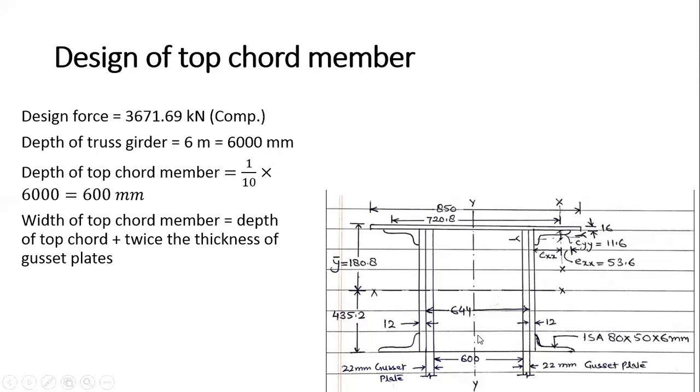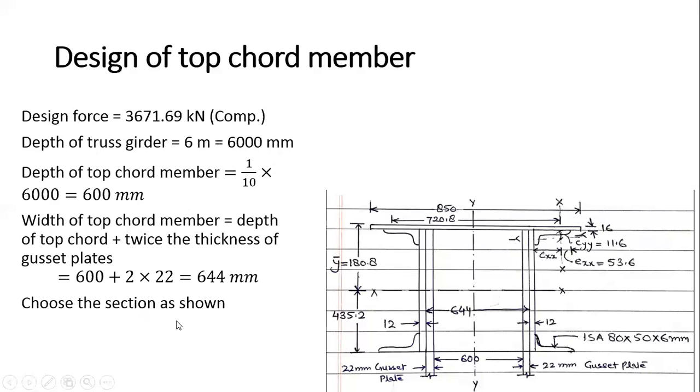This distance from here to here is 600 millimeter. 600 plus 22 here, 22 here, I get the width of the top chord member: 600 plus 2 into 22, that is 644. From here to here, that is 644. So my depth of the member is 600 and width is 644. Now we have to choose the section like this.